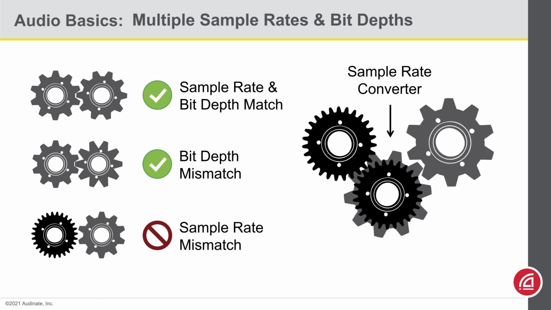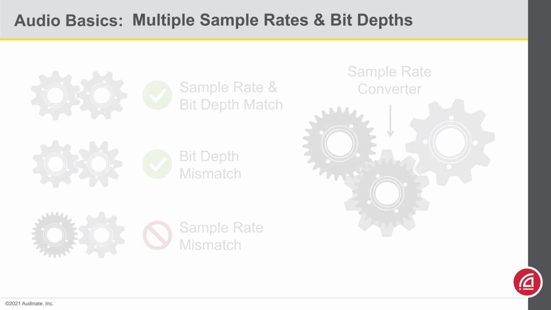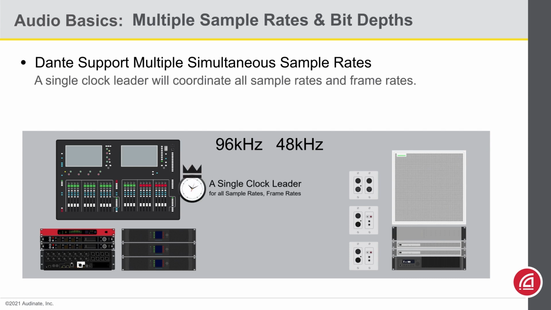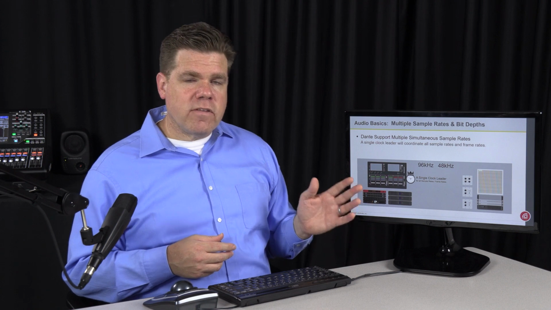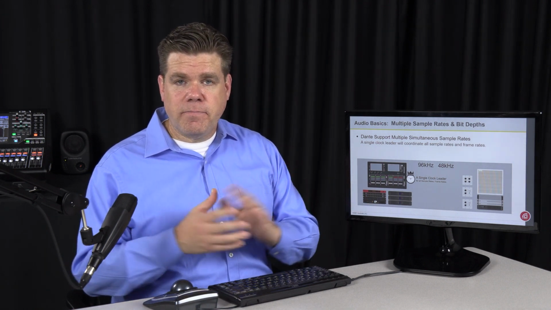Now, realistically, individual systems will likely be designed at a single sample rate. However, there could be multiple systems on the network, and they may need to connect. Let's suppose a facility had an auditorium operating at 96K and classrooms or conference spaces at 48K. The devices in each group would be able to see each other on the network, and they will elect one clock leader. Now let's suppose we wanted to make a connection between these two spaces running at different sample rates.